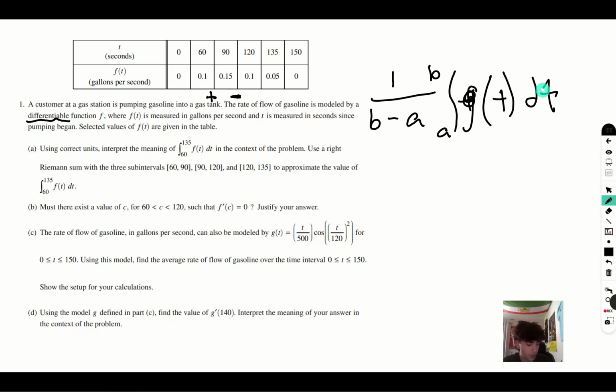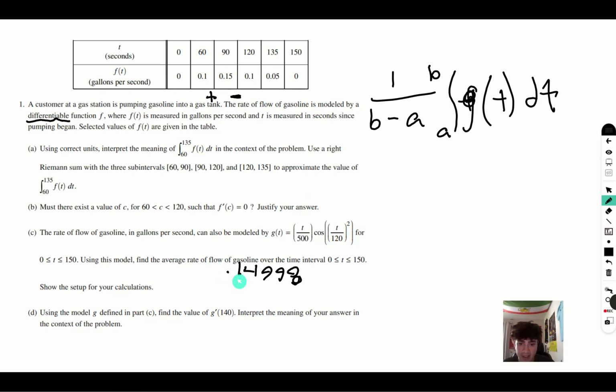All right, so this means that the average rate of flow is going to be 0.1499, which makes sense because it's under our max value and it's over our minimum value, so it's within the range. It's not a ridiculous answer, so there you have that. Or sorry, 1.4998.